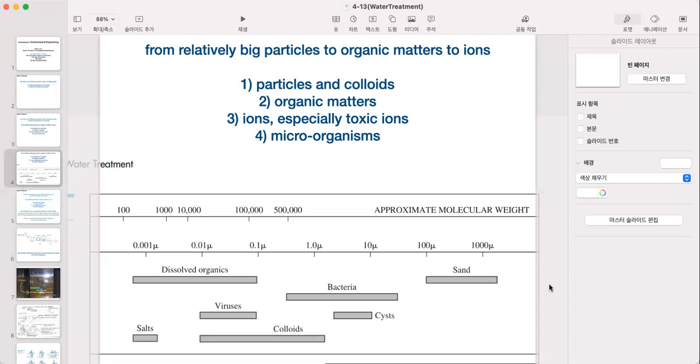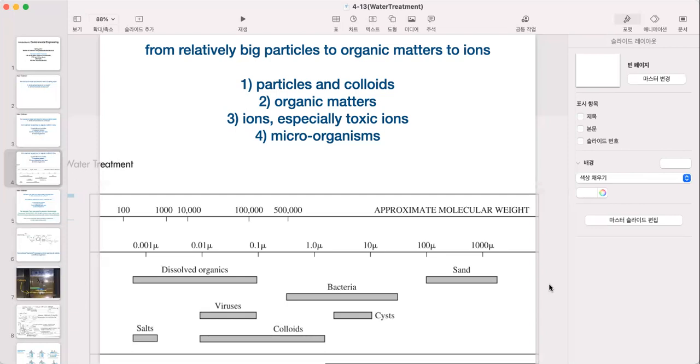So the first one, electrostatic charge repulsion, right? Charge repulsion. So the virus, what charge is over the surface of the COVID virus?